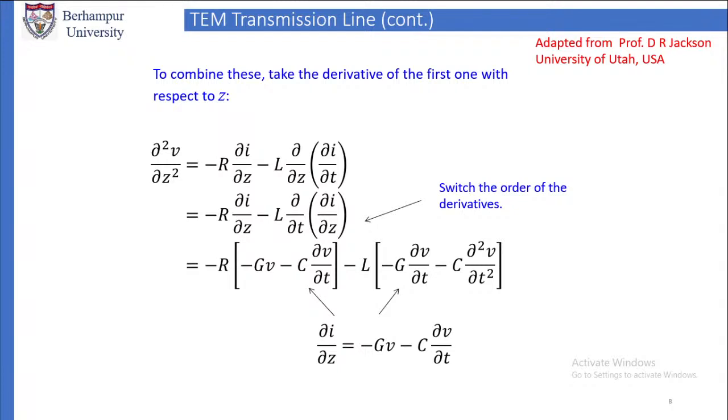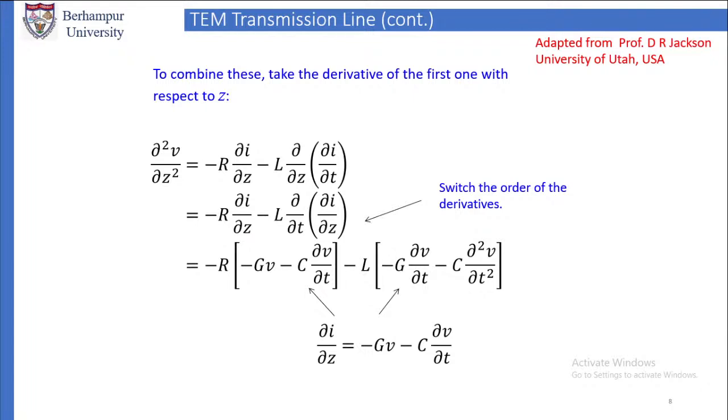Now we can interchange the derivatives: ∂/∂z of ∂I/∂t is the same as ∂/∂t of ∂I/∂z. So switch the order of derivative. The right hand side becomes −R ∂I/∂z − L ∂/∂t (∂I/∂z).